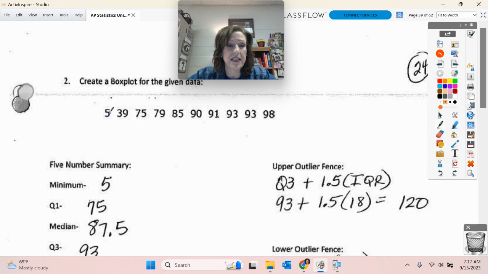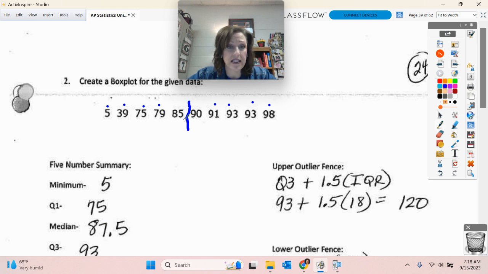If I'm knocking these things off to get to that middle, I find that I have 2 in the center. And so remember that if you have 2 in the middle, I have these 2 here, 85 and 90. So I have to do the average of those to get that median. And so that's what I have there.